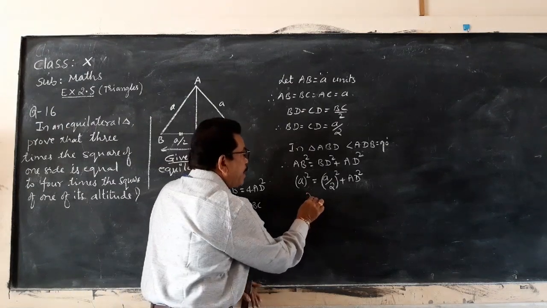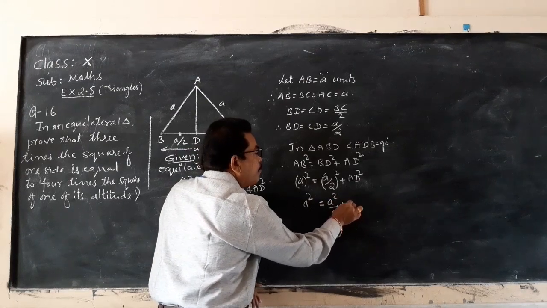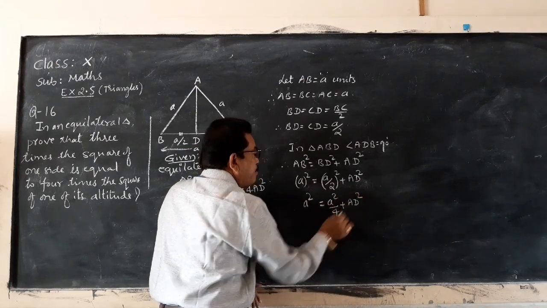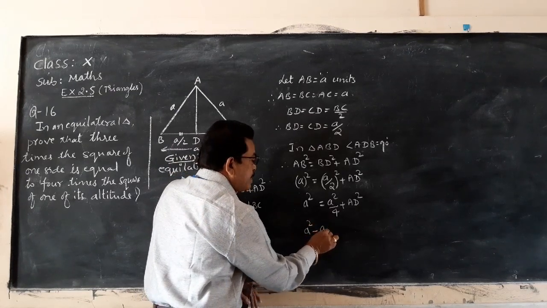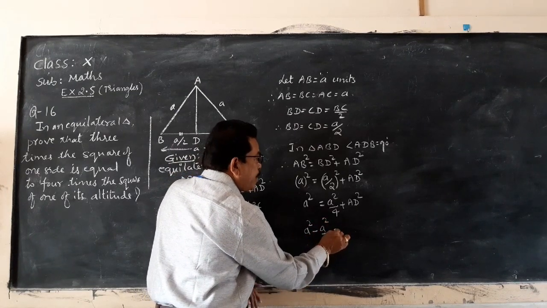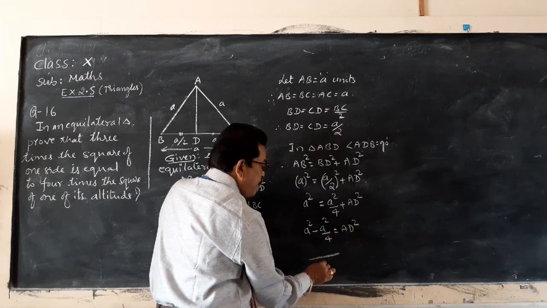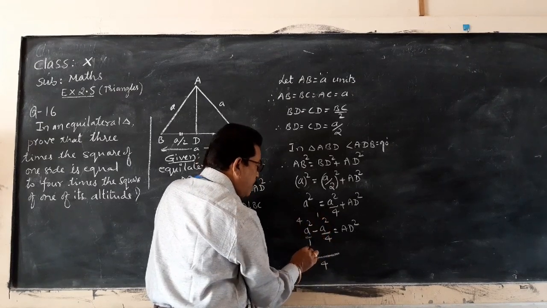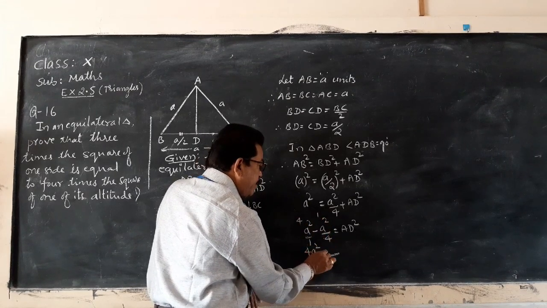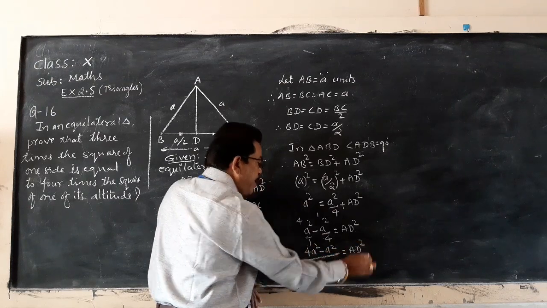Now A square equals A square by 4 plus AD square. Now A square minus A square by 4 equals AD square. LCM 4, so 4A square minus A square equals AD square.